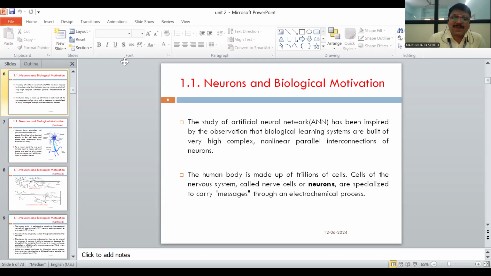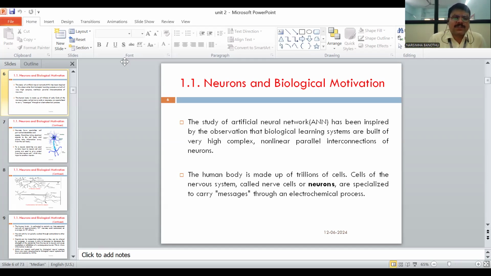The human body is made up of trillions of cells. Cells of the nervous system are called nerve cells or neurons.